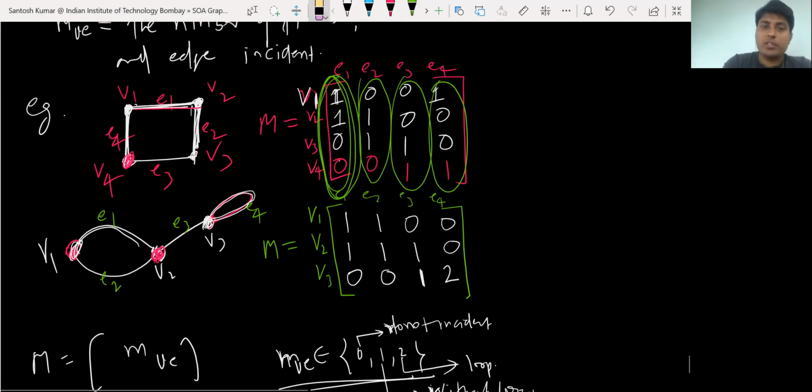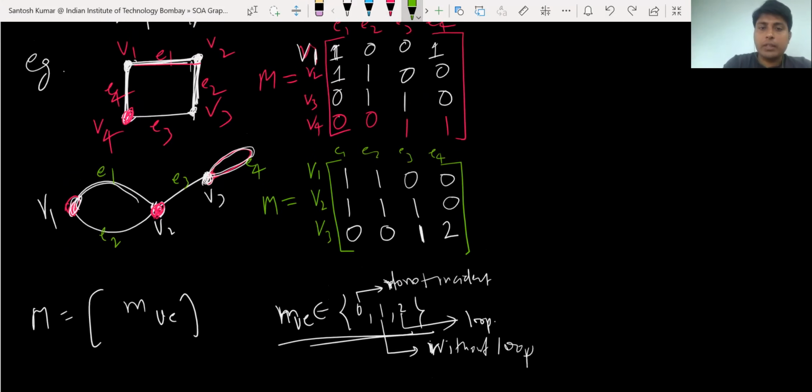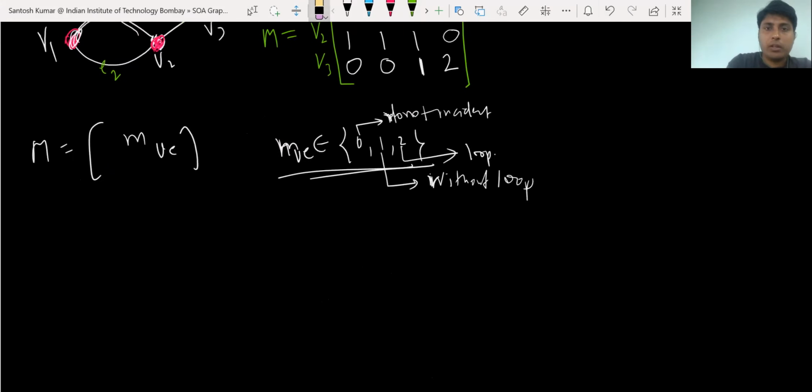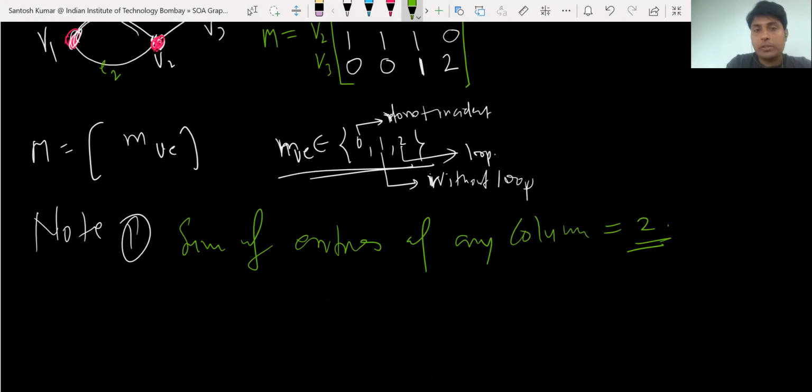You simply add the entries of a column and you will get the sum as 2. This is a property of the incidence matrix. So we can note that the sum of entries of any column is equal to 2, and this will help us to prove the fundamental theorem of graph theory.